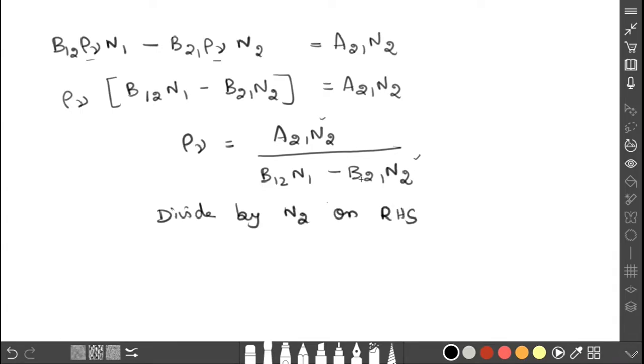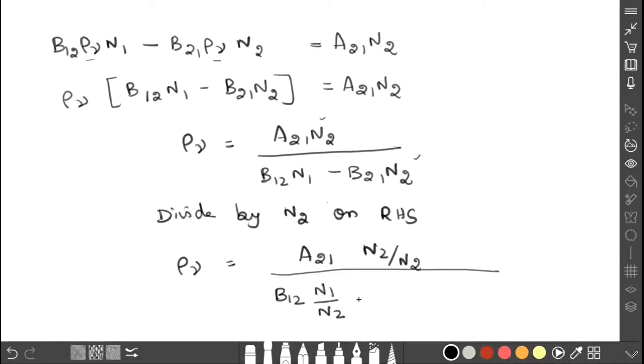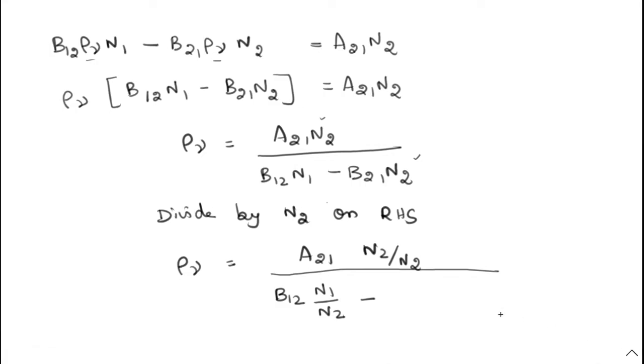So how can I write rho nu is equal to, here the first term in the numerator is N2 divided by N2, whole divided by, first term is B12, here again N1 divided by N2, minus B21 N2 by N2.